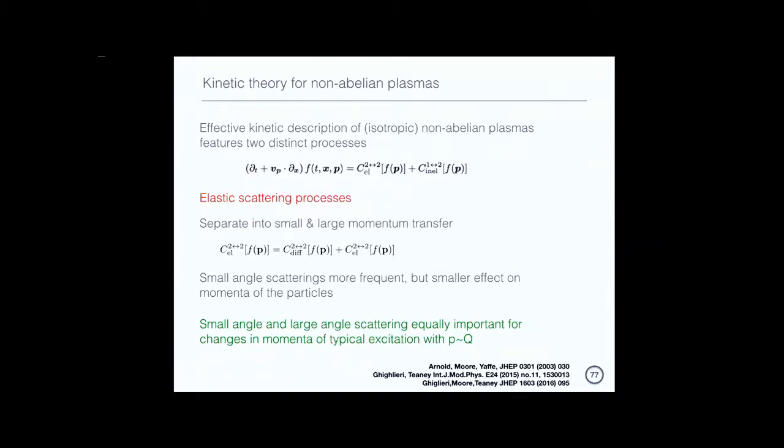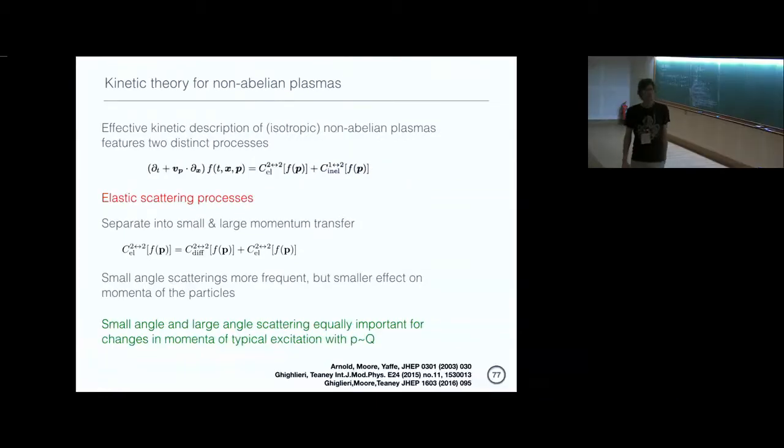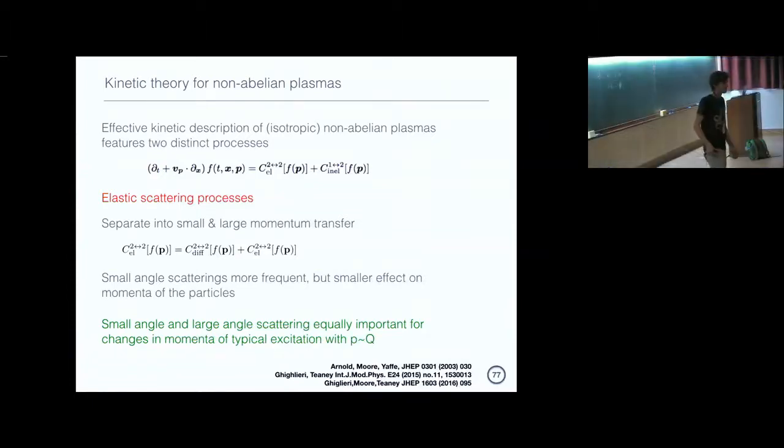Why is this convenient? Processes with large momentum transfer essentially happen when two gluons meet close together, and these you can calculate perturbatively. Whereas small momentum transfer processes come from a gluon feeling the field from another gluon that's very far away. To calculate them, you have to take into account how the environment affects the long-range properties of this field, including screening phenomena.